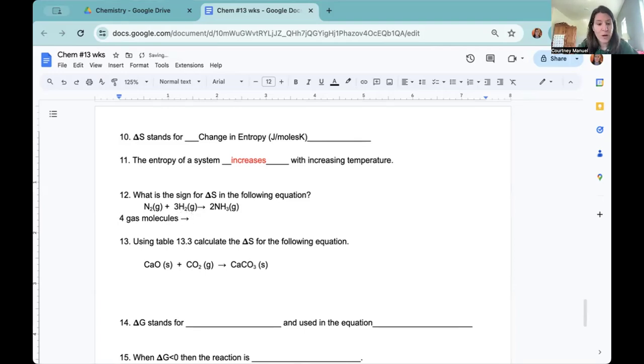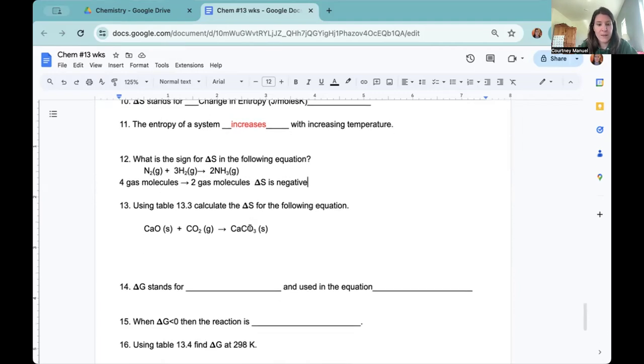On the product side, we have NH3, which is ammonia, and we only have 2 of those. These are not counting bonds. These are actual molecules, because it's the molecules that bounce around. It's the molecules that are moving. So on this side, we just have 2 gas molecules. Therefore, our delta S is negative. It is greater on one side than on the other.